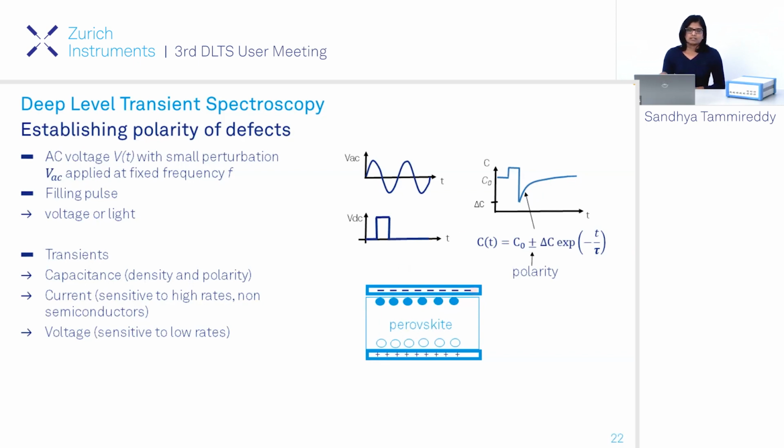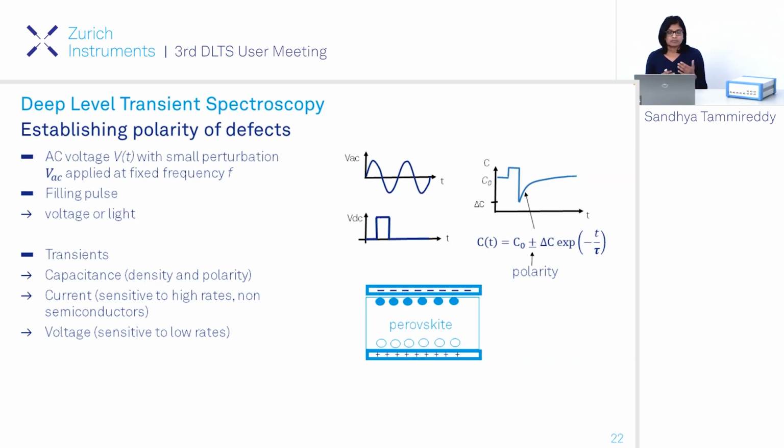And the pulse doesn't need to be a voltage, but could also be a light pulse. Also, for the transients, you don't necessarily need to look at capacitance, but you can also measure current or voltage. Each of these methods has its own significance.